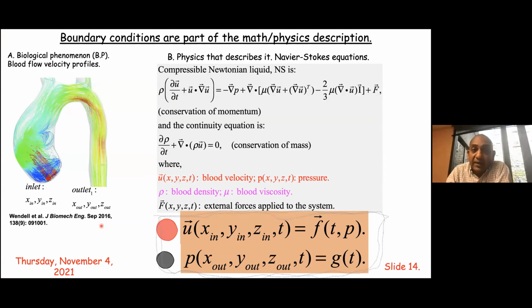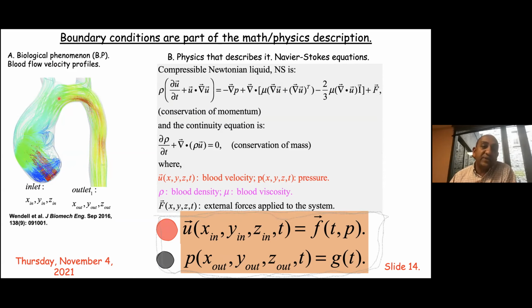Coming to a more pictorial description of boundary conditions, we may be concerned with biological phenomena as shown in panel A on the left-hand side, of blood flow through the aorta. Now, this color coding is for streamlines of particles that might flow through the aorta.